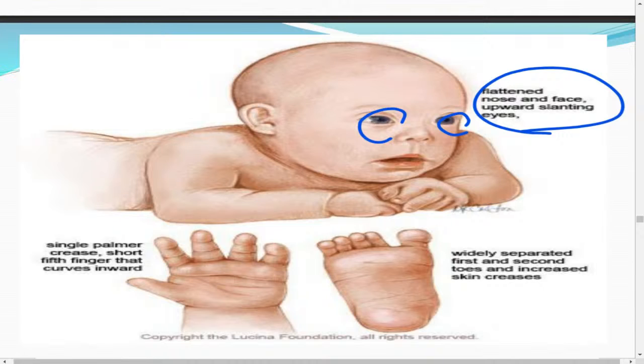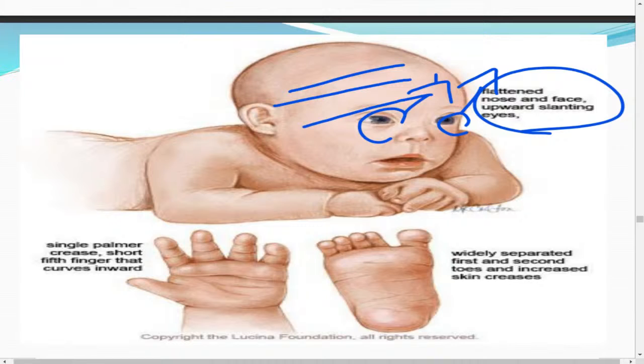Upward slanting eyes here, then the flattened head or flattened face, as we can see, the upward slanting eyes here, and the flattened nose.